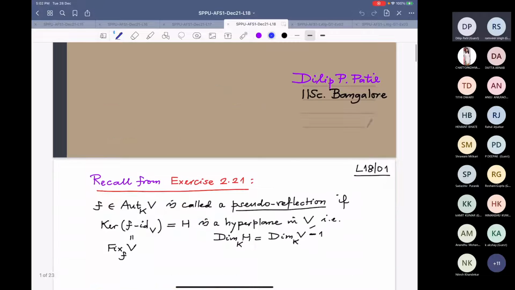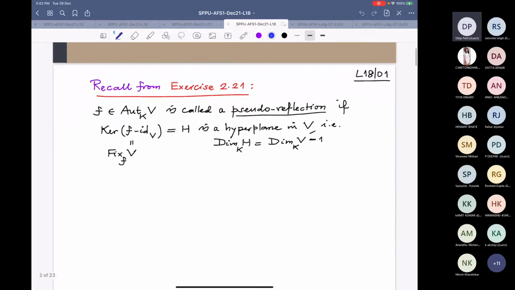All right, so I am recalling a definition from exercise 2.21. I will also keep my calculation handy if I need it. An automorphism f is called a pseudo reflection if it fixes a hyperplane pointwise.